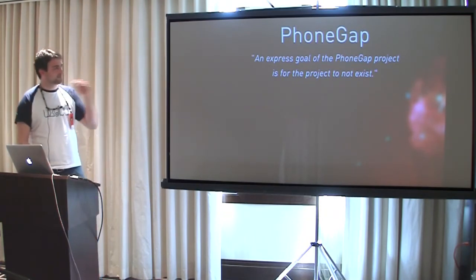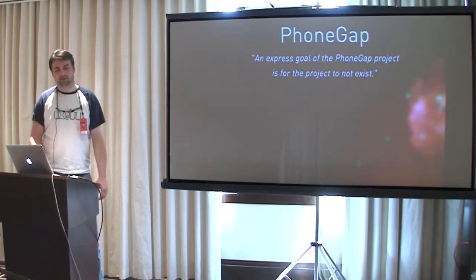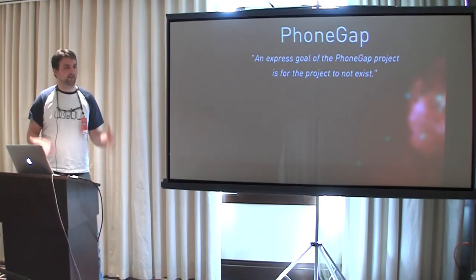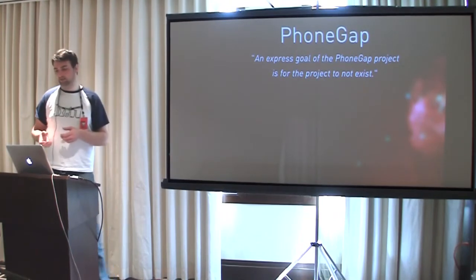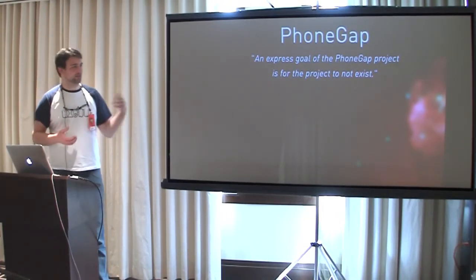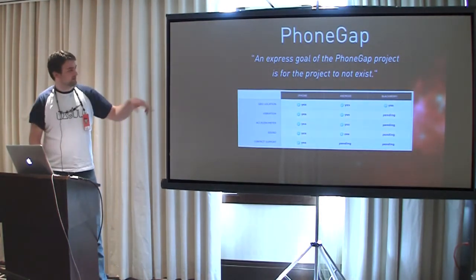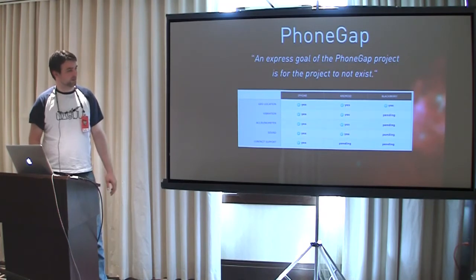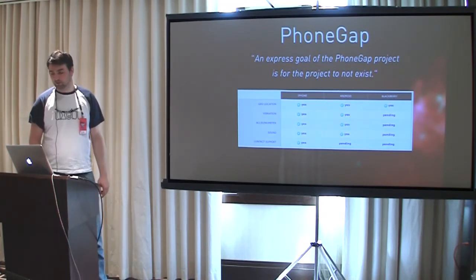What is interesting about PhoneGap is that their goal is to be non-existent. This is what we should really aim for, that we can just access that API or this packaging that PhoneGap is doing, and that it works easily and is not as complex as it is now. Here you see a table from, I think, half a year ago. They already supported all the features on the iPhone they wanted to support.